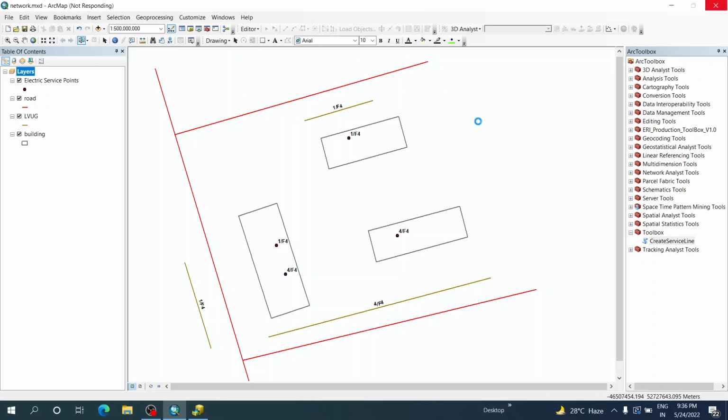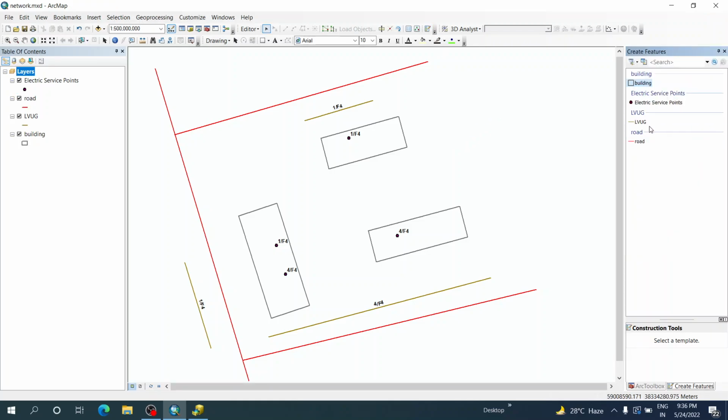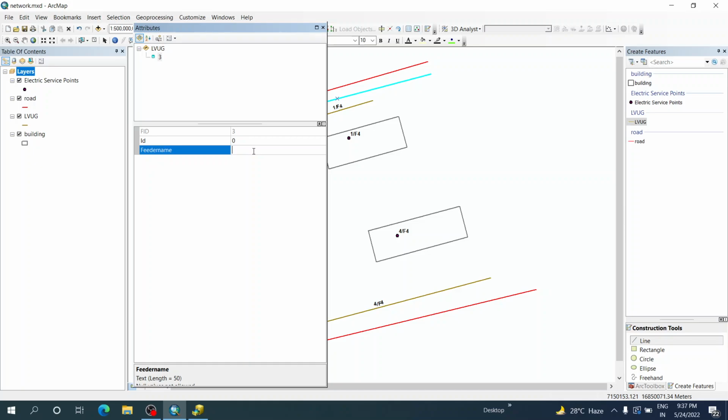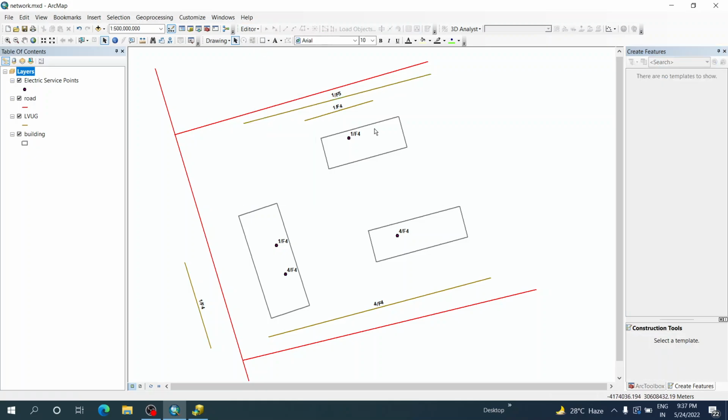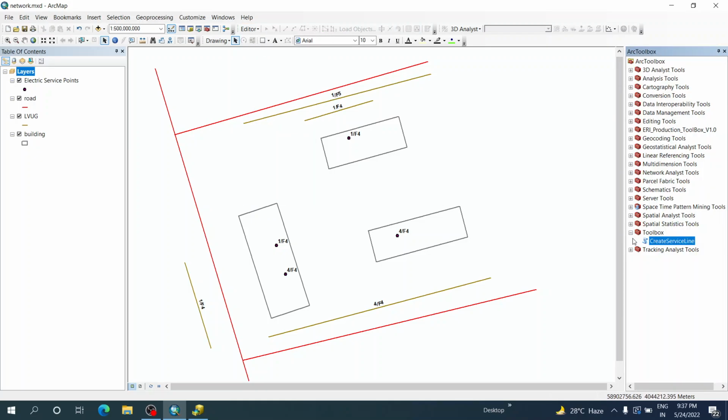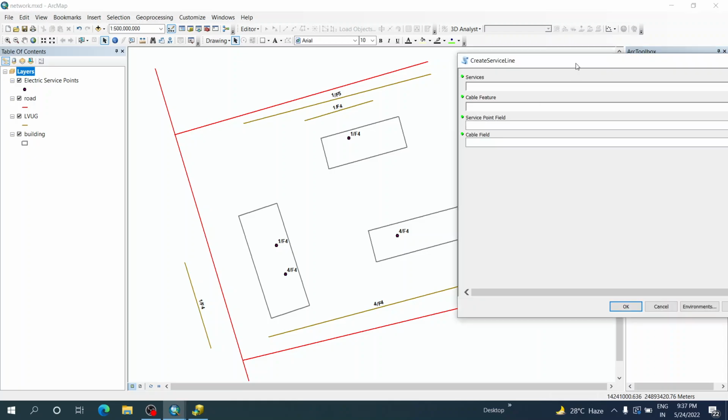I think my system is running slow for some reason anyway. So I will create another feeder, for example substation 1 but feeder 5. As I told you, behind the tool there are two things: one, the same feeder name, second is the nearest. I am calculating. Now I will run it again.